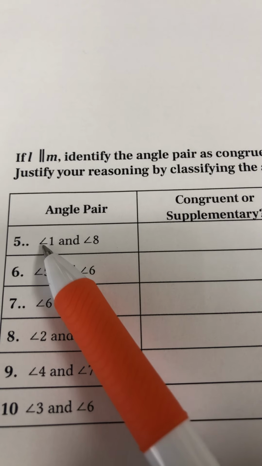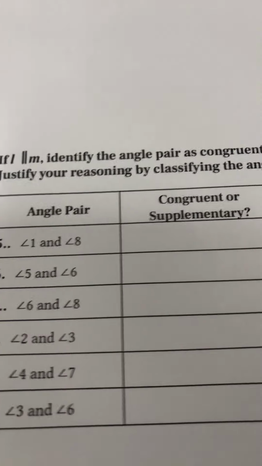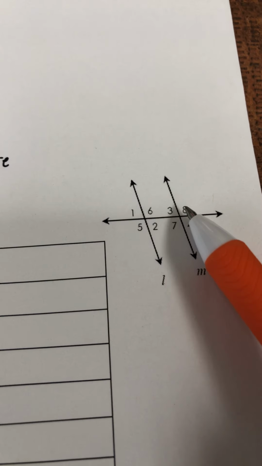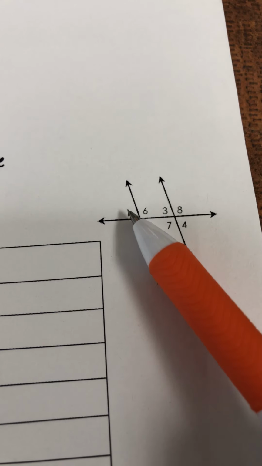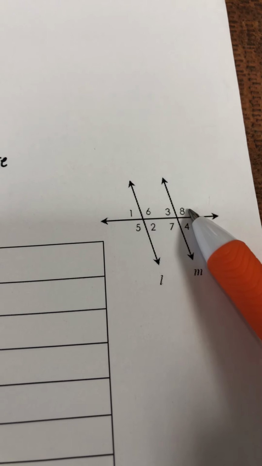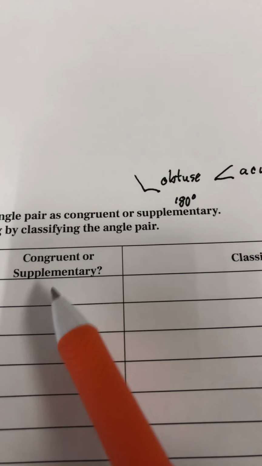For number 5, angle 1 and angle 8. Take a look at angle 1 and angle 8. This one looks acute, this one looks obtuse. So does that mean congruent or supplementary first?